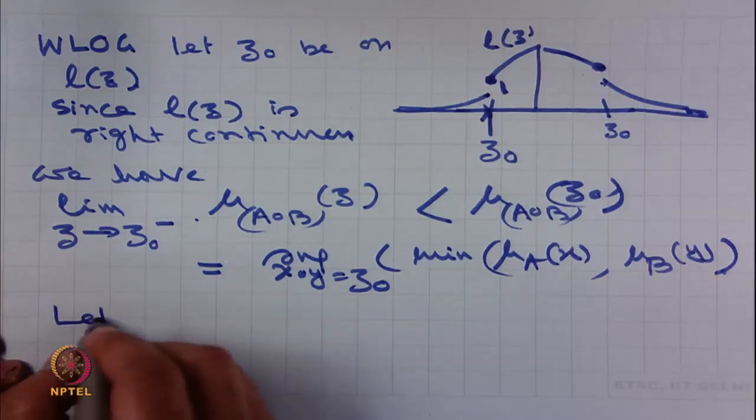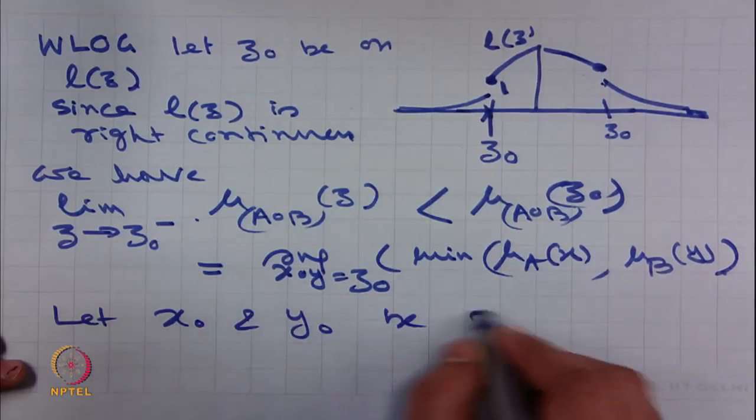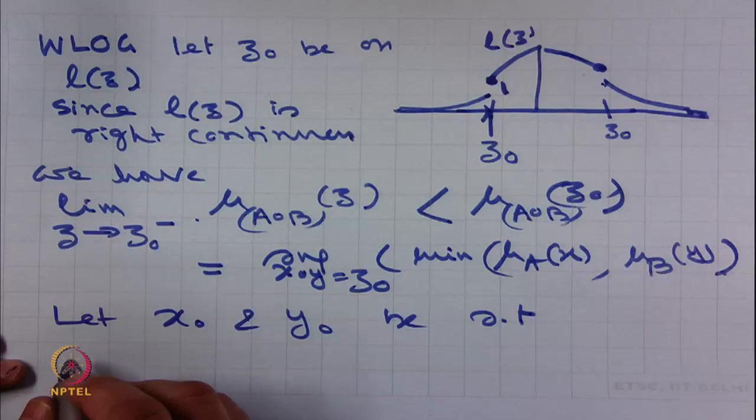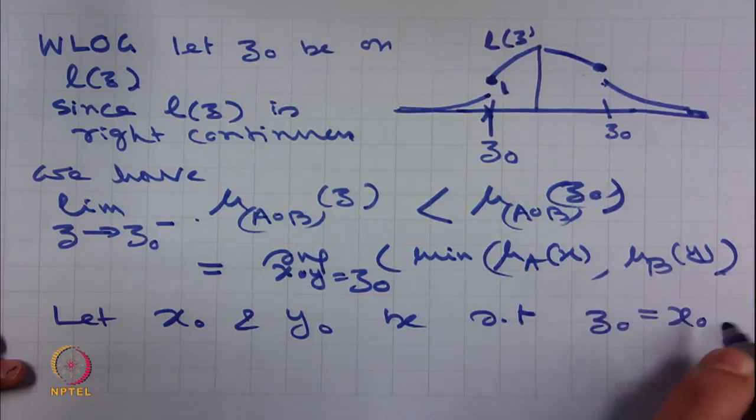Let x naught and y naught be such that z naught is equal to x naught star y naught.